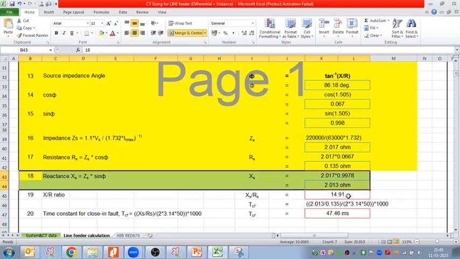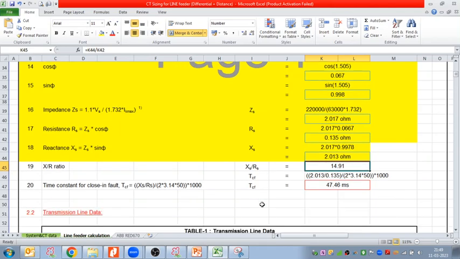X by R of the source is 14.91, which we already calculated. Now we know the source resistance and the source reactance, so we can calculate the source X by R, which is 14.91, and based on that we can calculate the time constant for the closing fault.